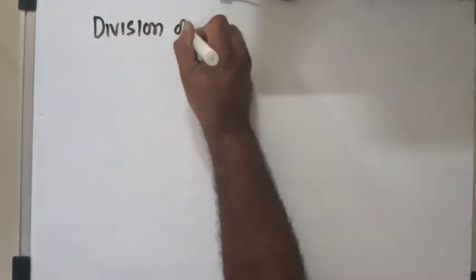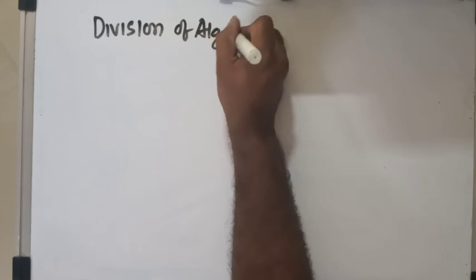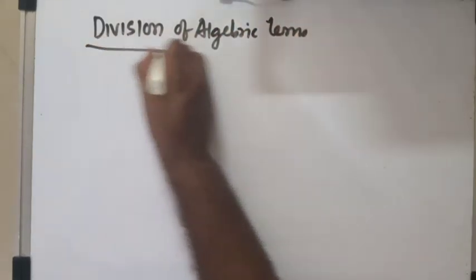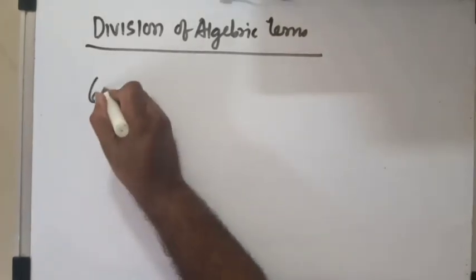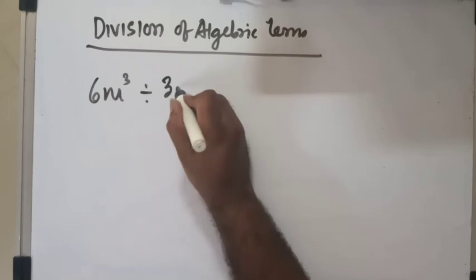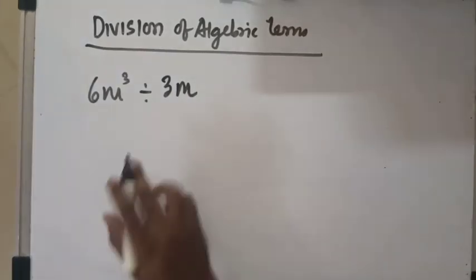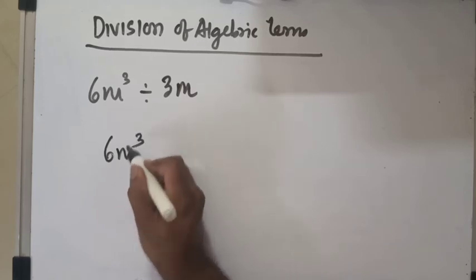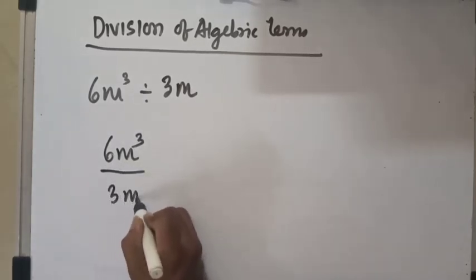So now we'll be seeing division of algebraic terms. How will you divide two algebraic terms? Say if you have 6m cube divided by 3m. So what I'll do, I'll write it in a simple way. I'll write like this, 6m cube upon 3m.